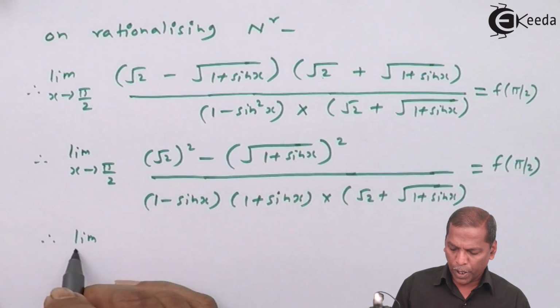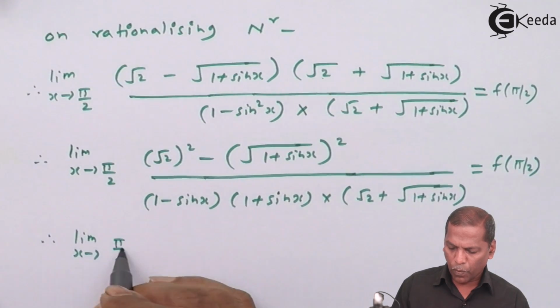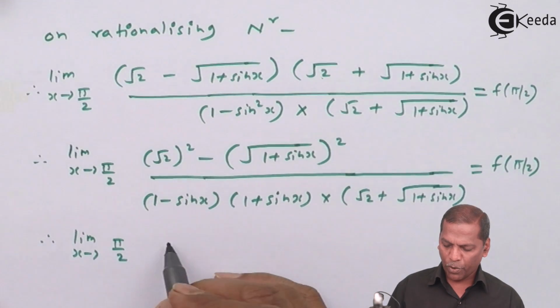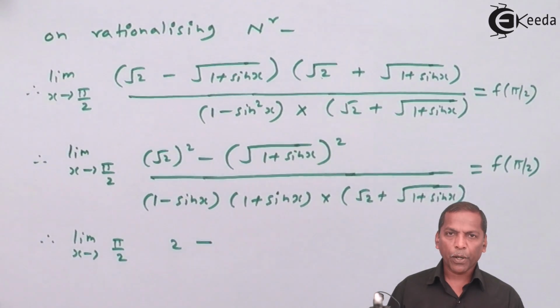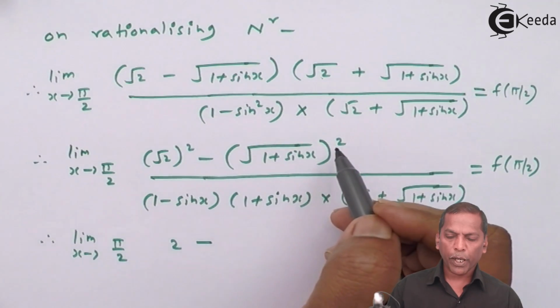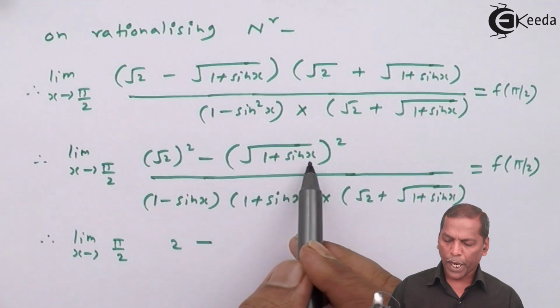Therefore, limit x tends to pi by 2. Now root 2 the whole square gives 2 minus. Then square root of 1 plus sin x the whole square gives us 1 plus sin x.